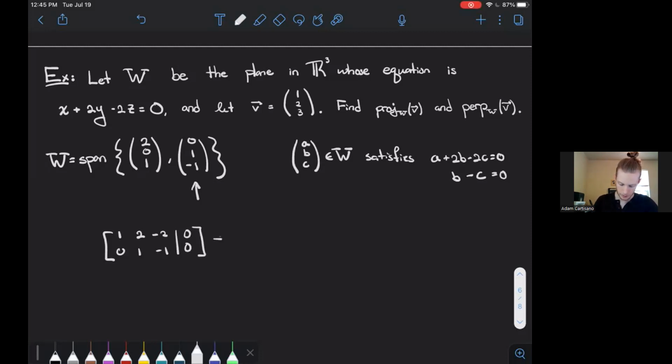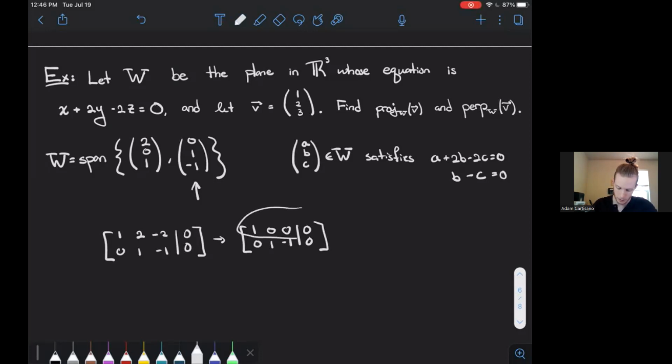You'll end up with 1, 0, 0; 0, 1, minus 1. We have a free variable, the third one, c.